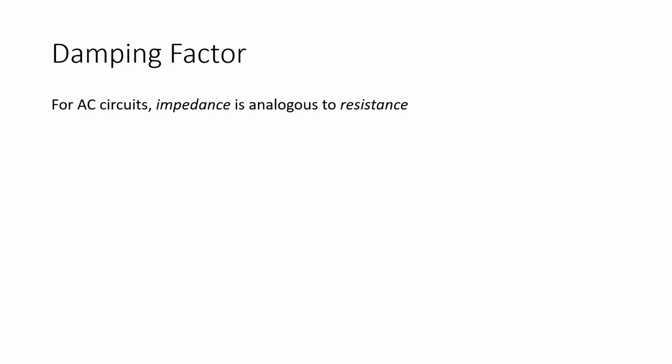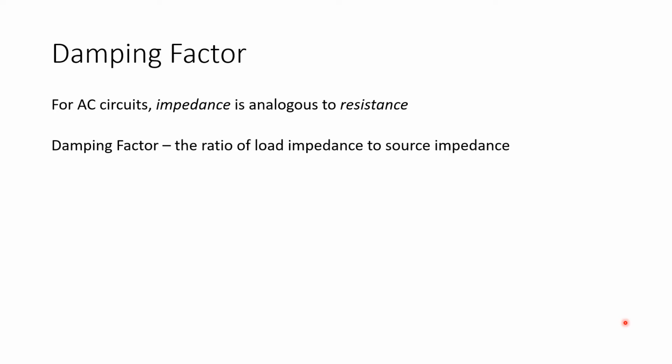All right, so now let's talk about damping factor. So impedance, just to be clear, if this was not said earlier, impedance is to AC circuits what resistance is to DC circuits. Okay, so it's just a load on the circuit.